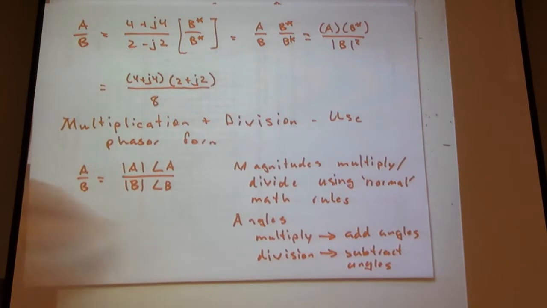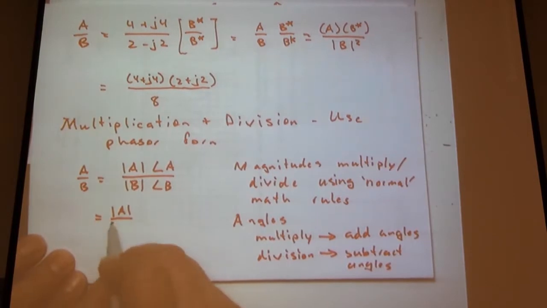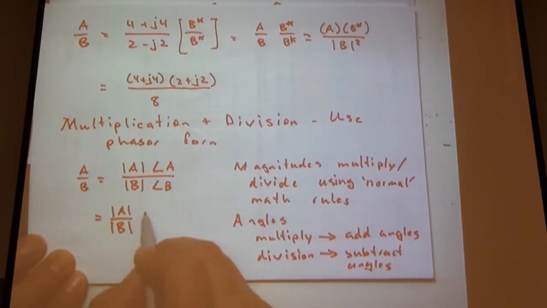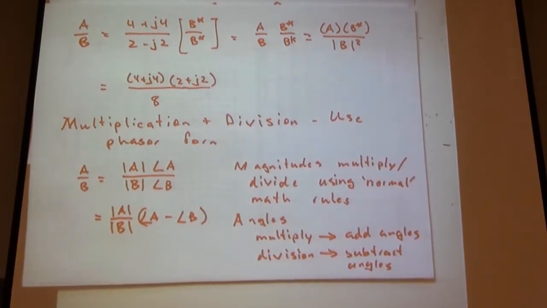So these are our rules. So effectively, this winds up being magnitude A over magnitude B, angle A minus angle B, because it's division. And we already know what magnitude of A and magnitude of B are. We had them on the previous page.